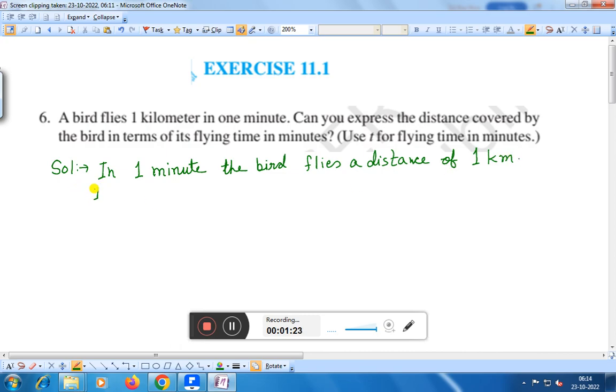Therefore, in 2 minutes, the bird flies a distance of 1 into 2 kilometers.